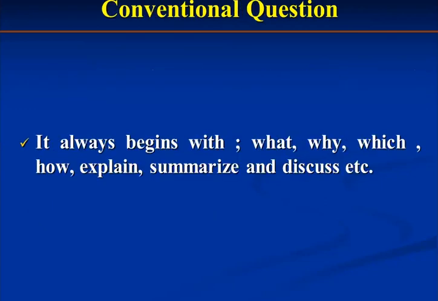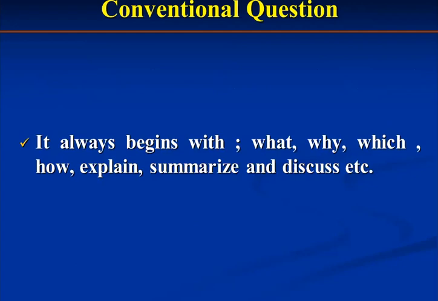Conventional question. It always begins with what, why, which, how, explain, summarize, and discuss. So this is a typical bookish conventional question. So these questions start with or begin with these kinds of words. So what is advertising? Define advertising.